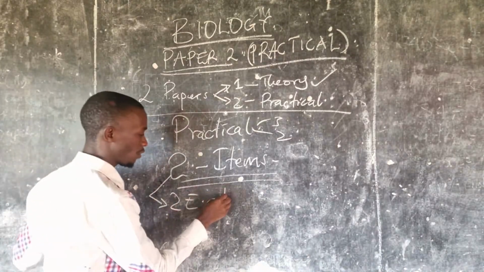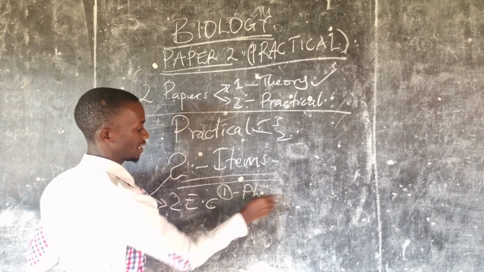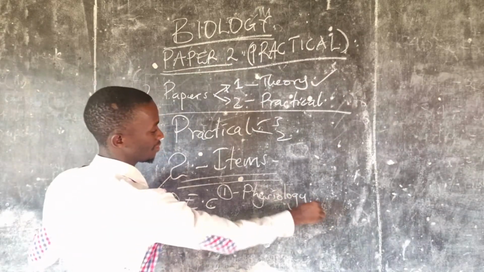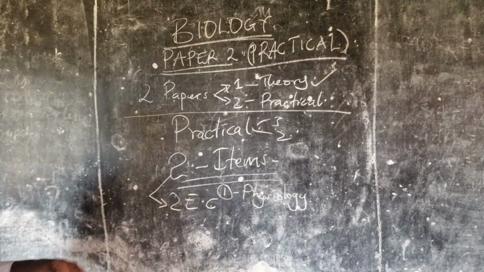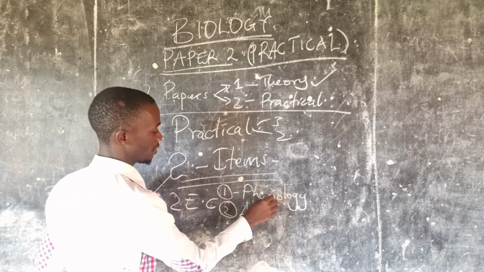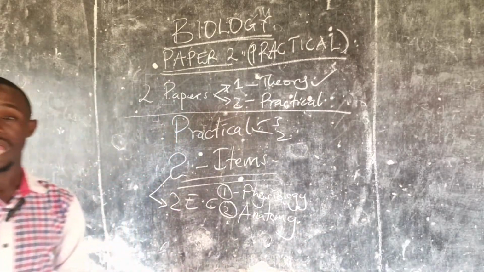The first element of construct is physiology. And the second element of construct is anatomy of animals and plants.